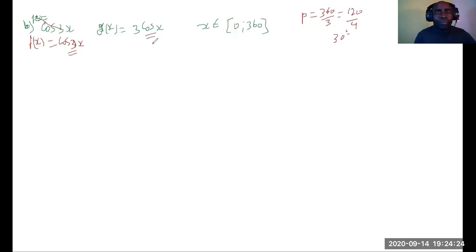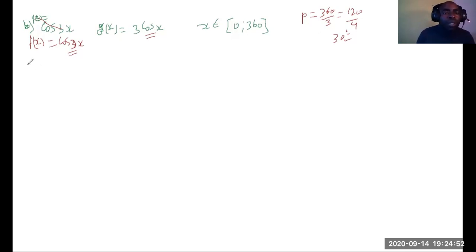But lucky enough, 30 is a subset of 90, it's a multiple of 30. So that will not be a problem. But again, what we're interested in for the sketching is only the critical values. At every 30 degrees here, we get the critical values. But at every 90 degrees, we get the critical values for the g of x.